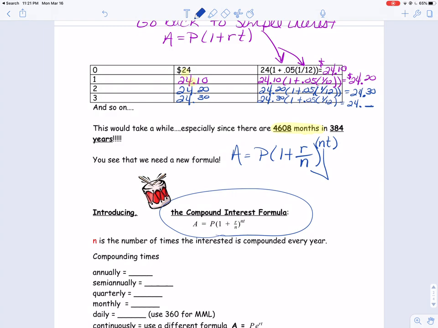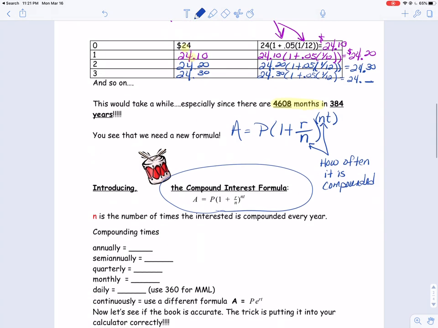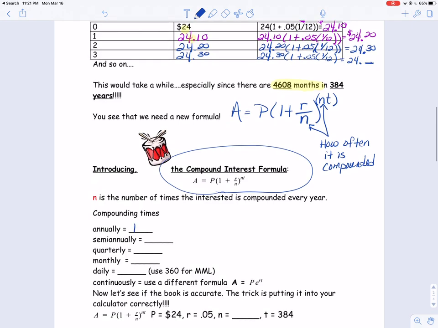That's how many times it's compounded in a year. So now it could be 1. If it's compounded annually, then your n in both places, it's always going to match. If it's compounded annually, that's just 1 time for the n.